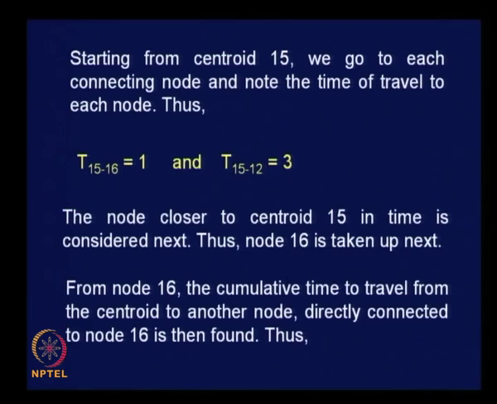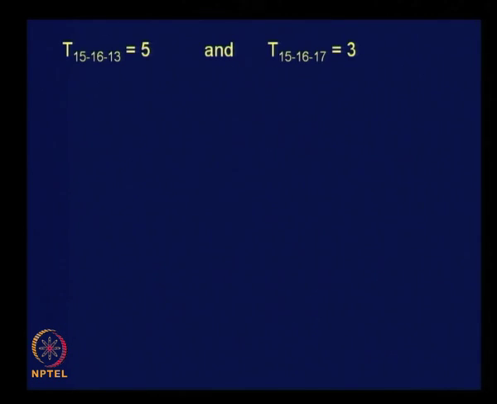If you proceed from 16, 16 is connected to 13 and 17. The path from 15 to 13 through 16 takes about 5 minutes. T15-16-13 is 5 minutes, and T15-16-17 is 3 minutes.